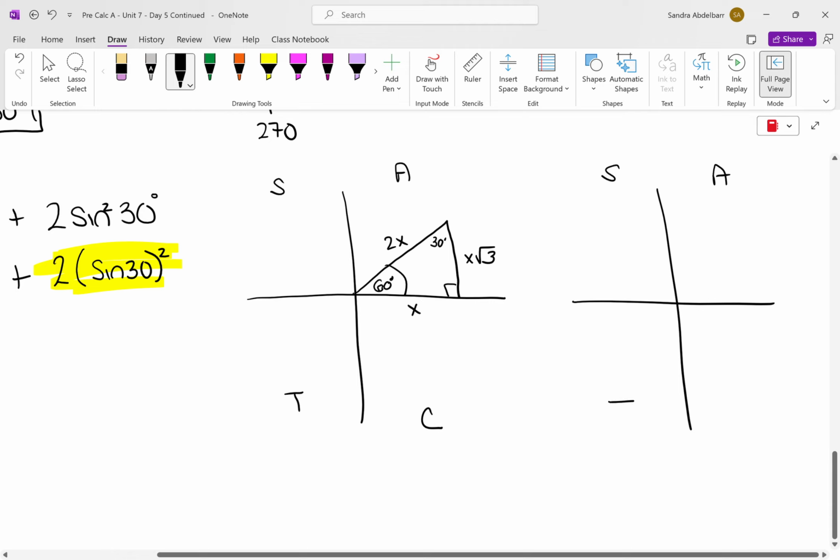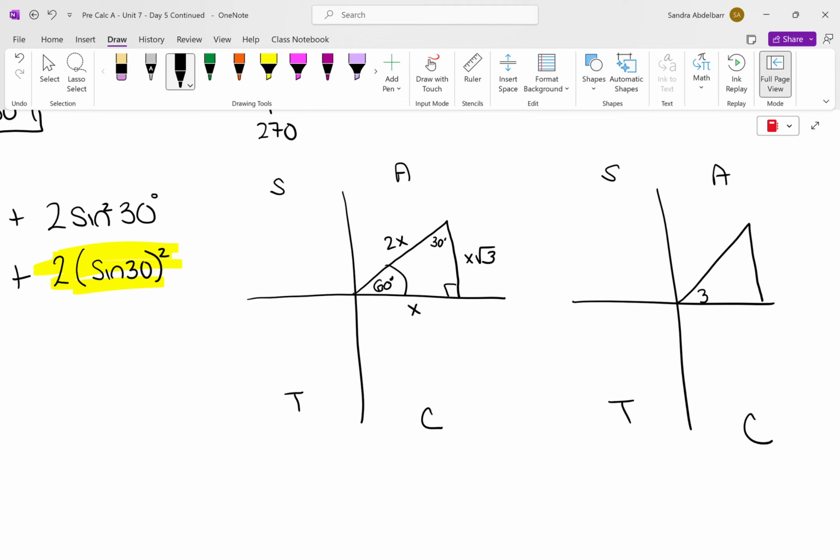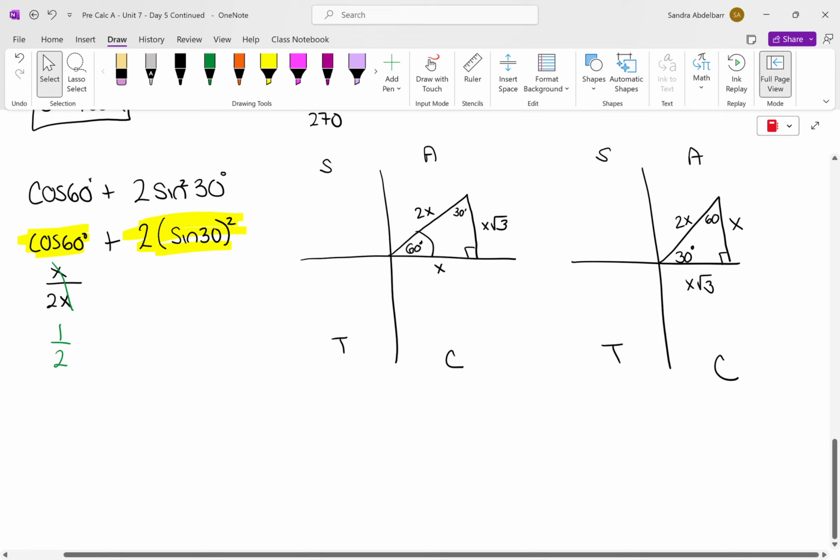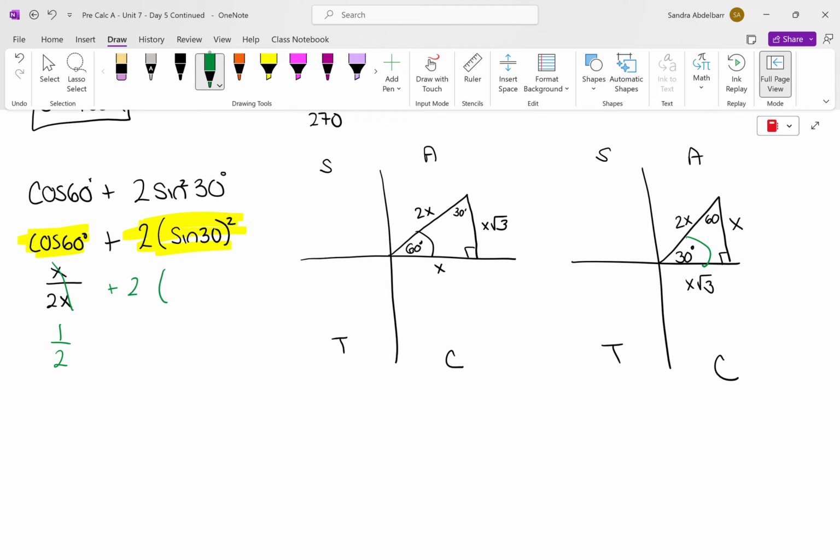And now we want to find the sine of 30. So again, all students take calculus. 30 degrees is in quadrant 1. Opposite the 30 is x, opposite the 60 is x root 3, opposite the 90 is 2x. But this time, when we want the sine of 30, we want opposite, which is x, over the hypotenuse, which is 2x.